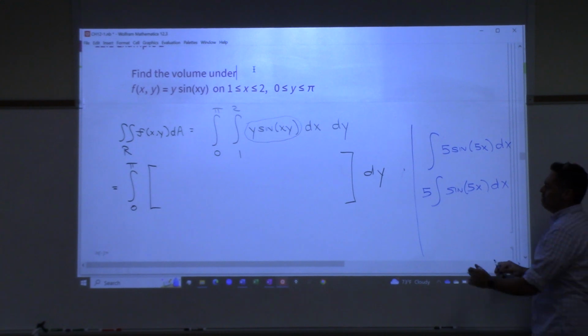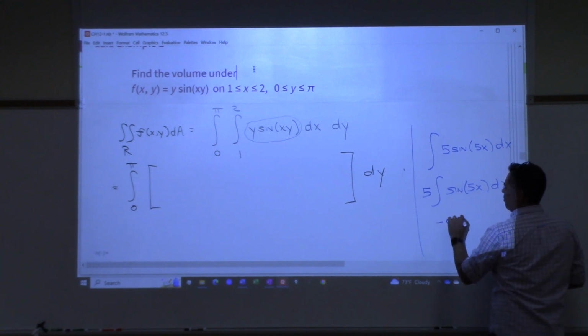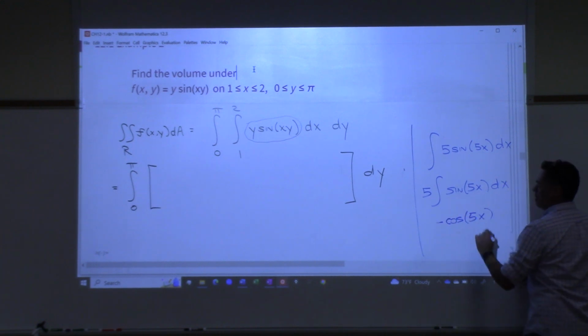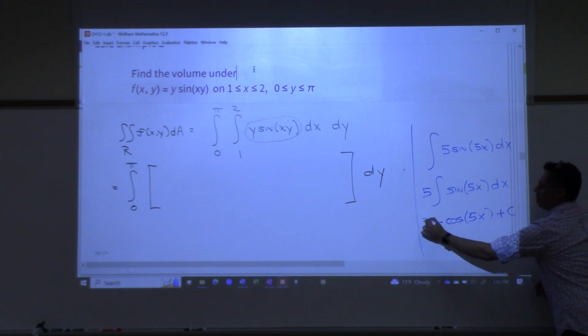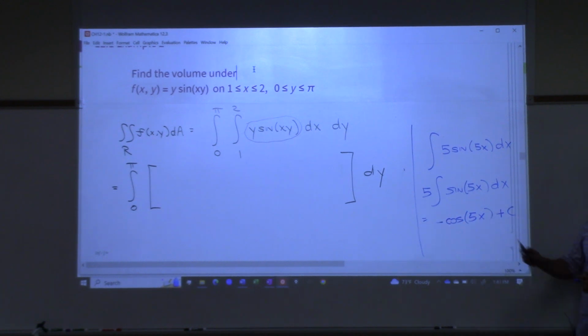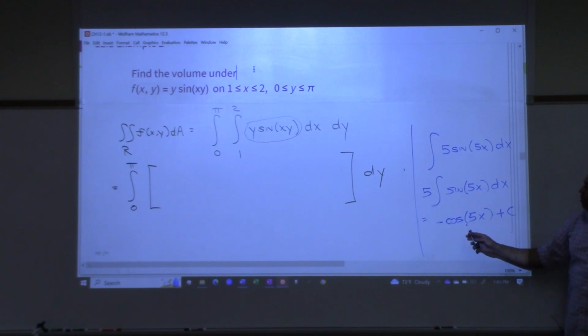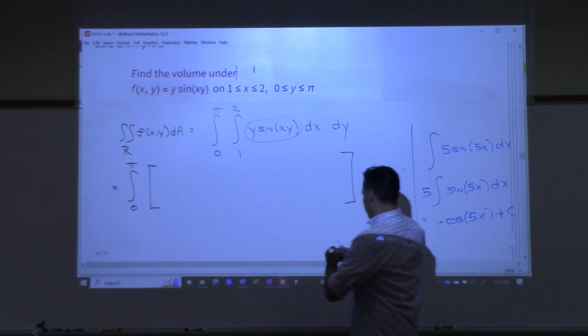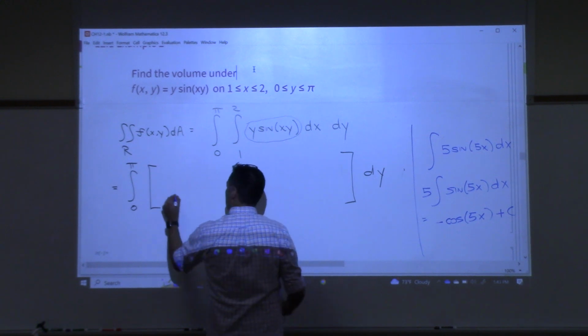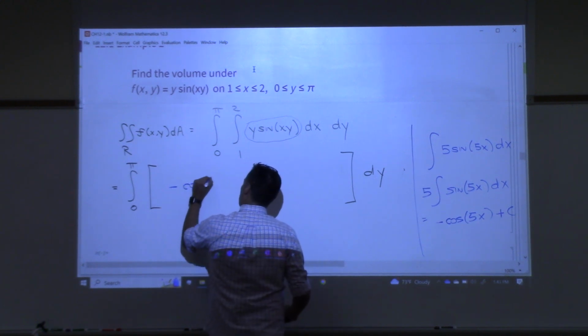It becomes negative cosine of 5x plus c. Do you all agree with that? Because if you take the derivative of that, you get that. You had to scale by 1/5 when you did the antiderivative, but then the 5 out front kills off that 1/5. So we have the exact same answer, except instead of 5, we have y. The antiderivative here is negative cosine of yx.